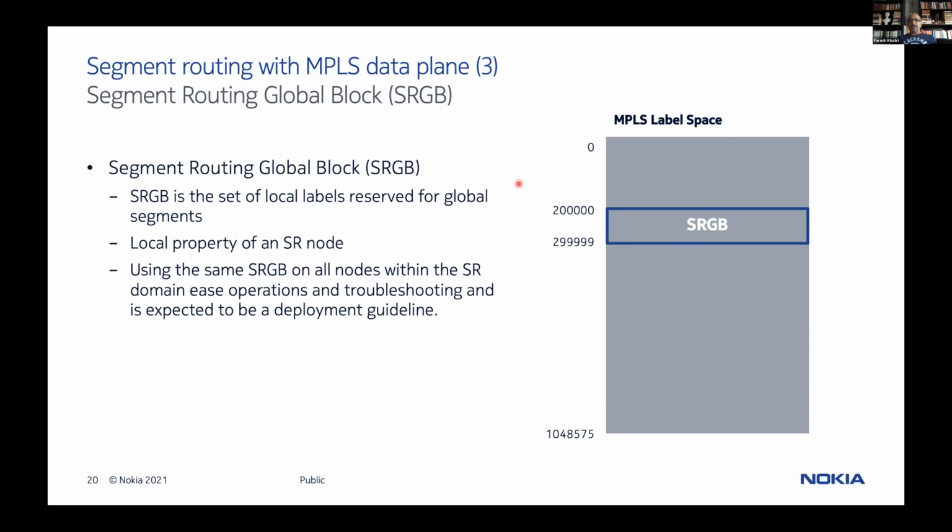When building segment routed networks, it's useful and recommended that all routers share the same segment routing global block. Because if they don't, it's not that things won't work, it just gets a little bit more complicated. But when you have a multi-vendor implementation, it may be necessary. What is supported by one vendor's implementation may not be supported by another's. So you may have a scenario where you do have to use different SRGBs.